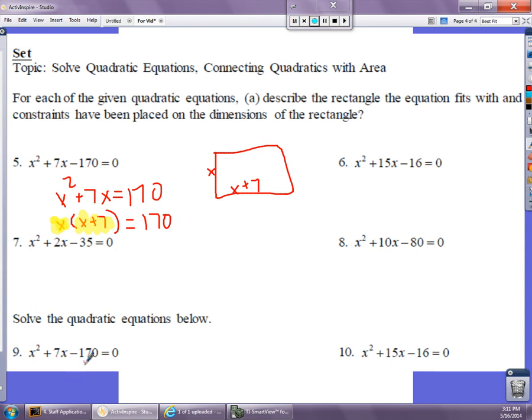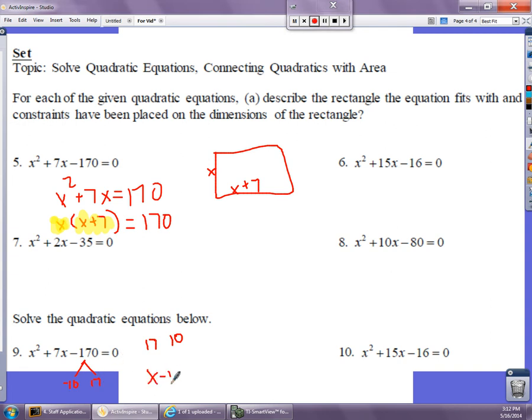If you solve the quadratic, I'm going to solve it by factoring. Two numbers that multiply to negative 170 and add to 7 would be negative 10 and positive 17.